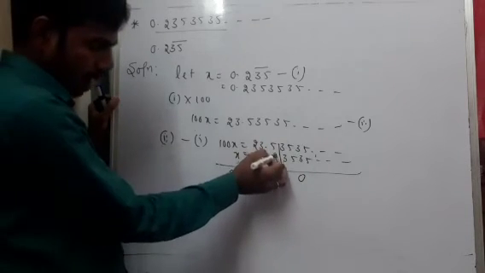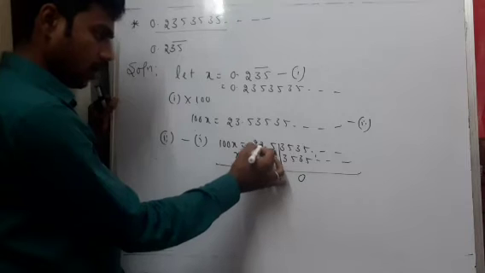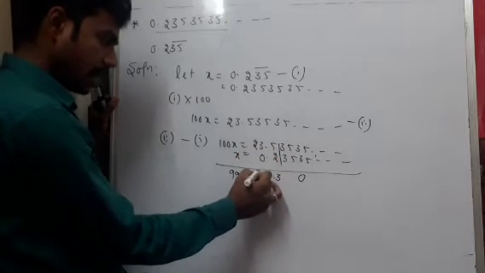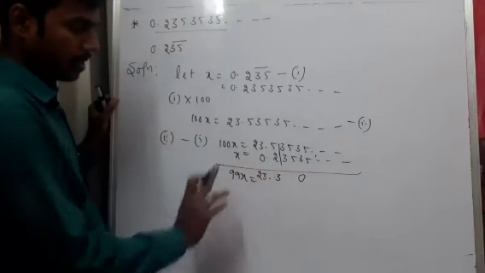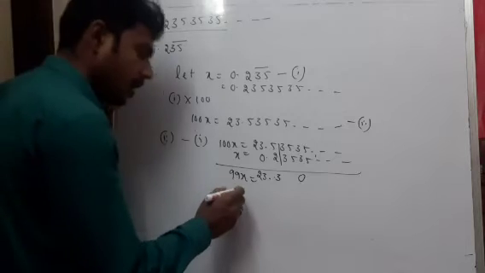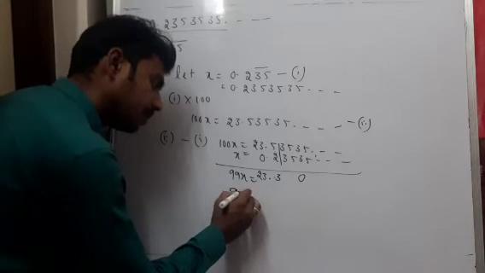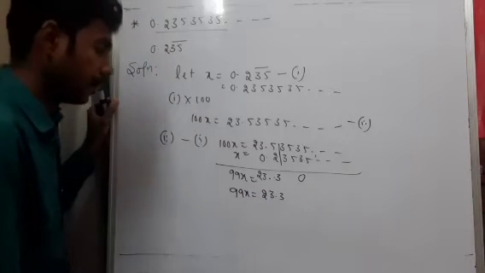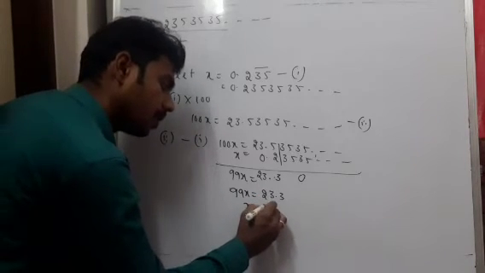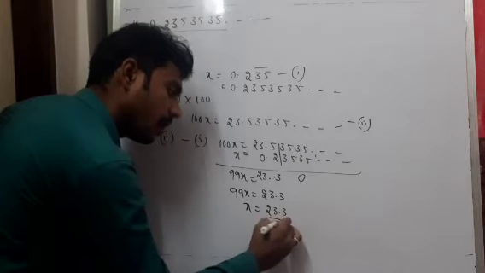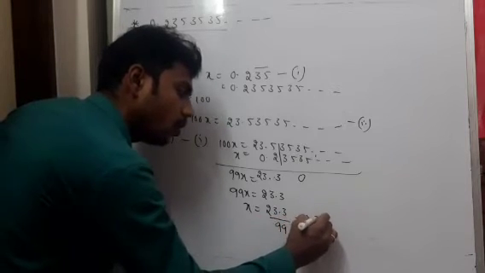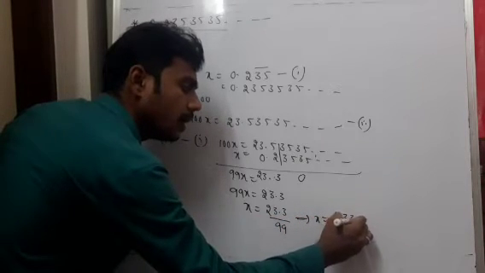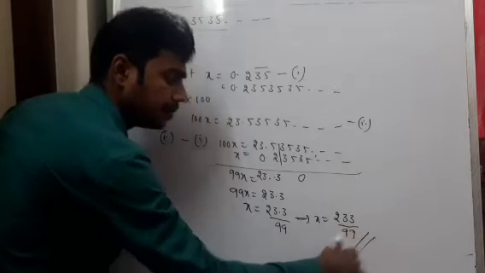Now look at this: 5 minus 2 is 3, so 23 as it is, and 23 minus 0 is nothing but 23. So 99x is equal to 23.3, and x is equal to 23.3 divided by 99, or else x is equal to 233 divided by 99.